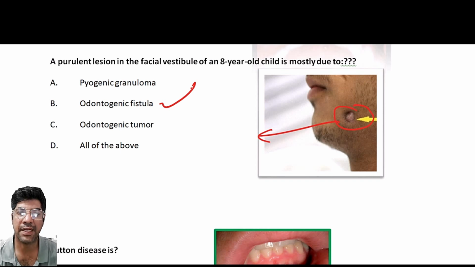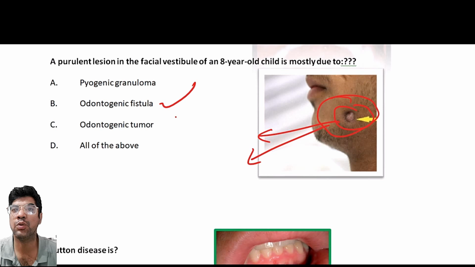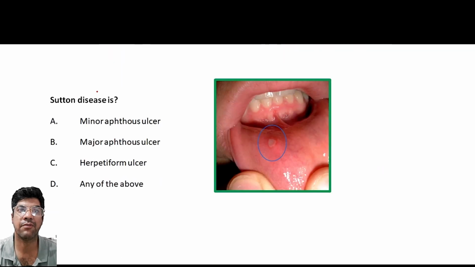A fistula means a tract that forms between the infected tooth and the skin or mucous membrane that allows drainage of pus from an underlying dental infection to the surface. Other options like pyogenic granuloma and odontogenic tumor are less likely to cause a purulent lesion in the facial vestibule. So your answer would be odontogenic fistula.